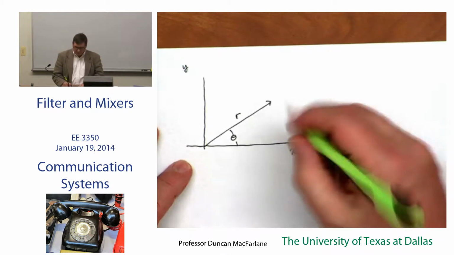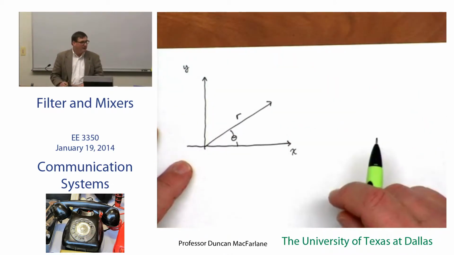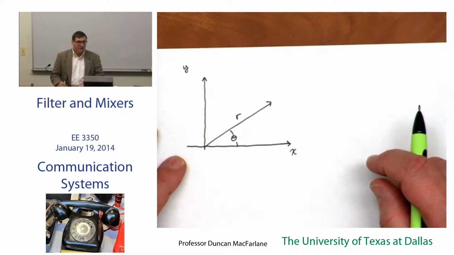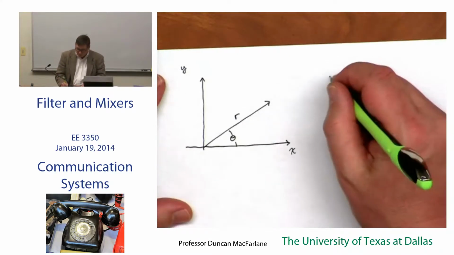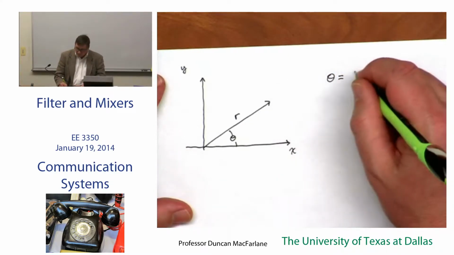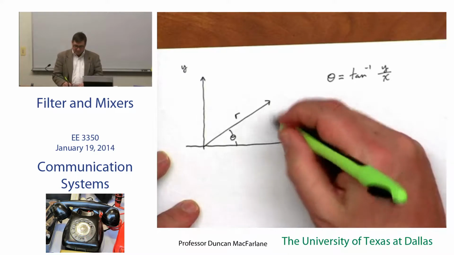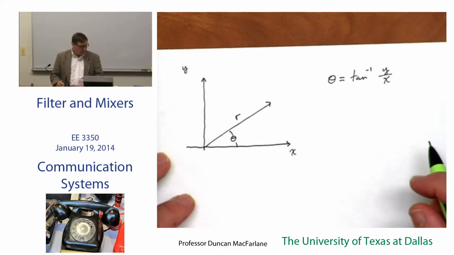If we were talking about geometry, we'd be talking about a Cartesian system, x and y, and a polar system, r and theta. And if it were geometry, we would say that the angle theta was the inverse tangent of the rise over the run, this versus this, hypotenuse and so on.